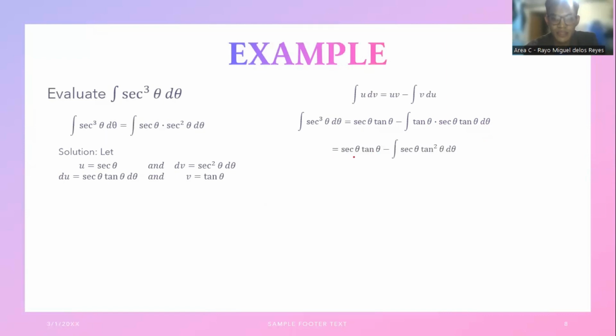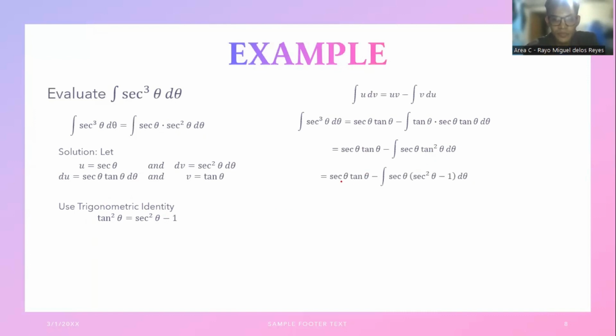We have secant theta tangent theta minus the integral of secant theta tangent squared theta d theta. We know that the tangent squared theta, by using trigonometric identity, is secant squared theta minus 1. So, i-substitute lang natin siya dito.